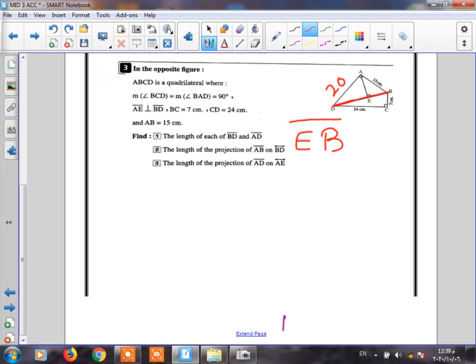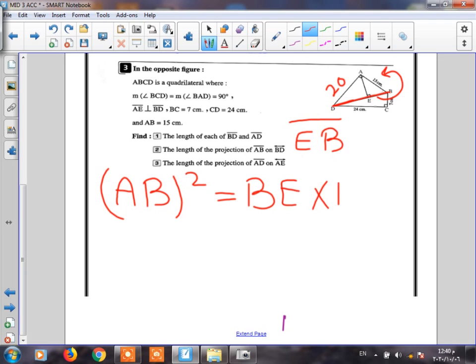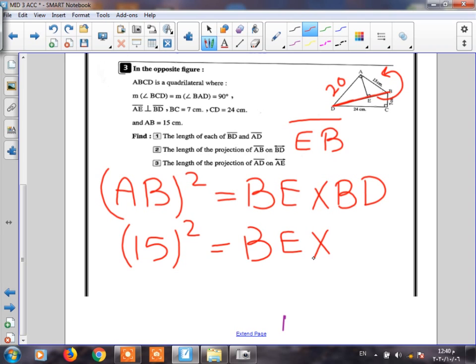I will search for BE in which part, because BE is beside this side, so I will use the rule of this side according to Euclidean theorem. I have AB squared equals BE times BD, right? And I know that AB equals 15, so 15 squared equals BE times BD, which is 25 centimeters.